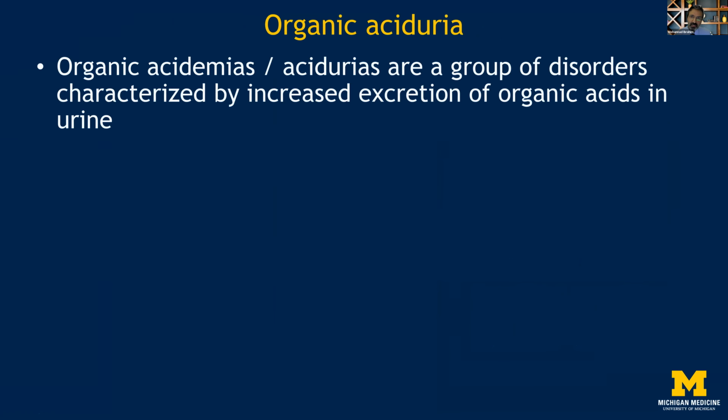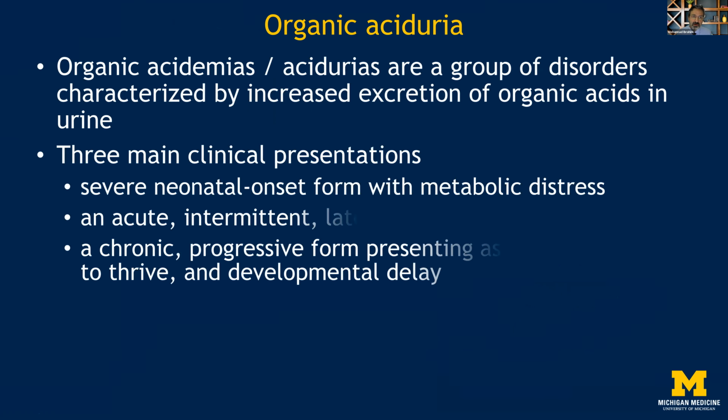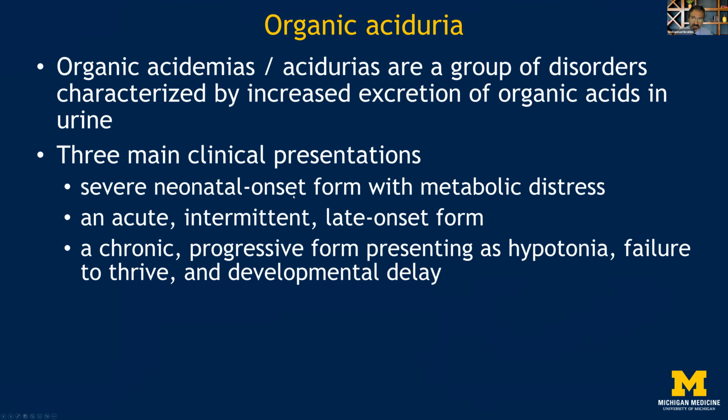So organic acidurias is a heterogeneous group of disorders that is characterized by excretion of organic acids in the urine. There are three main clinical presentations for these disorders. One is severe neonatal onset, that presents with metabolic distress, or an acute intermittent form, typically at a later age group.